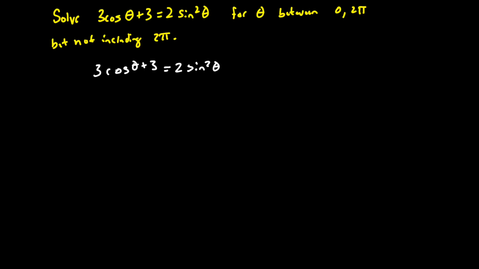And what we want to do is rewrite the equation so that everything's in terms of cosine. Recall that we have our Pythagorean identity given by cosine squared theta plus sine squared theta is equal to 1. And we're going to replace our sine squared theta with 1 minus cosine squared theta.